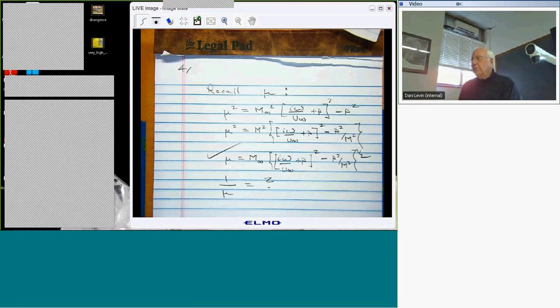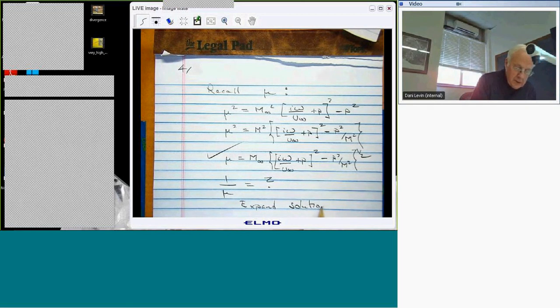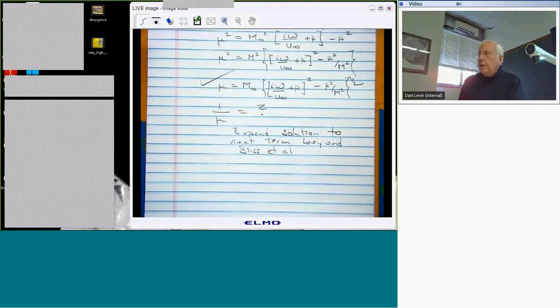Well, I'll wait and see how the result comes out before we decide about that. Okay, so expand the solution to the next term beyond Bliss et al. And you'll see that the very first term gives you piston theory.